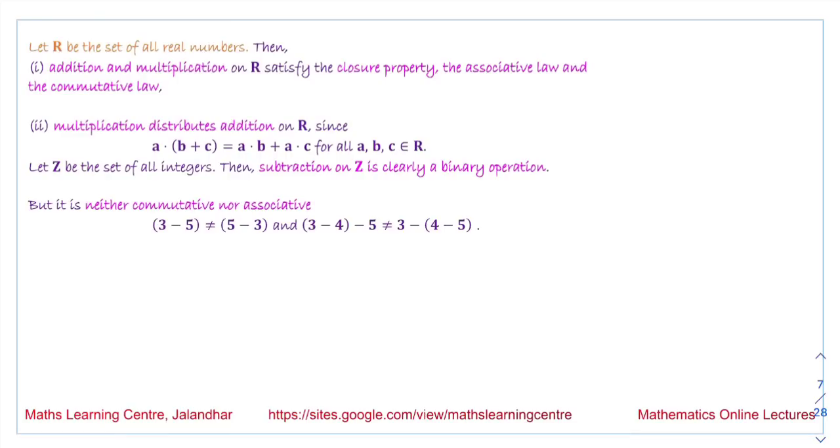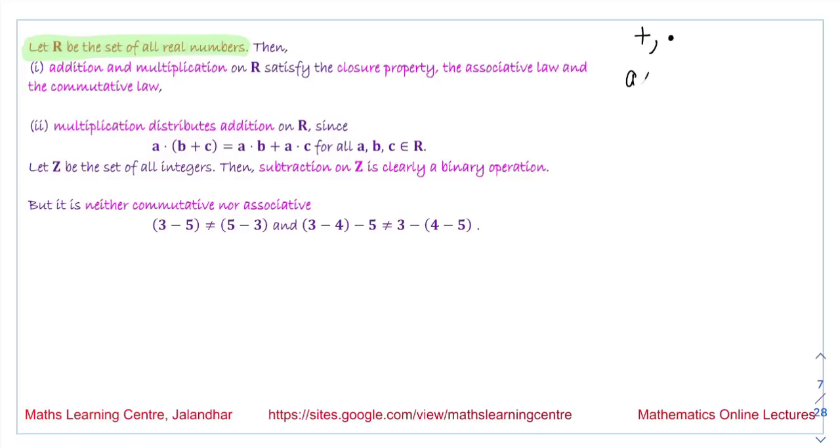First, let R be the set of real numbers. We have already seen that addition and multiplication, which we represent with a dot, both satisfy the closure property.